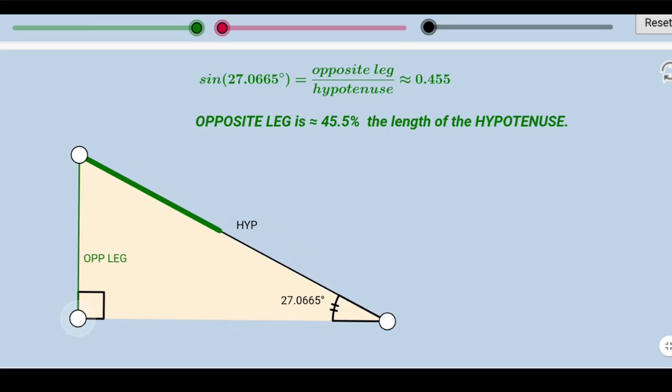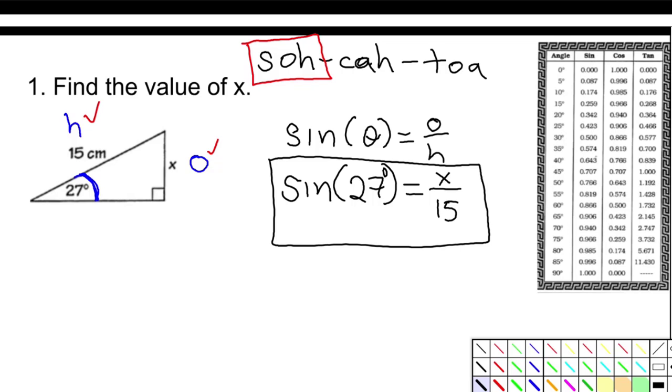So now, when I go back over here to my problem, we know that sine of 27 is going to give us some value. There is some value that we can get from that, and I think we said it was about 0.455. I think that's what the app said.